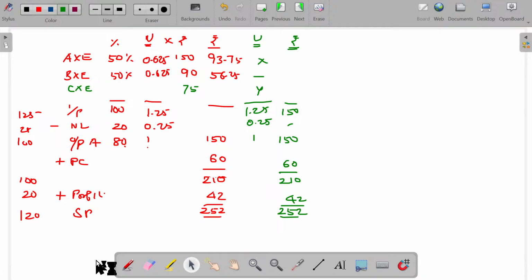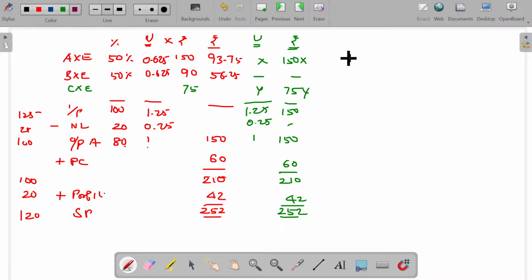X units of AXE and Y units of CXE are introduced, with the maximum input quantity being 1.25 kgs. The cost of X being 150, so 150X. Y being 75, so 75Y. Now you have to find out X and Y using the simultaneous equation.